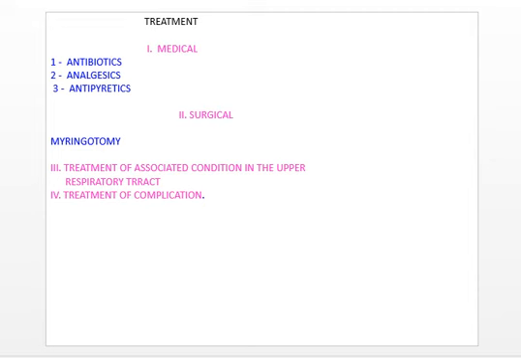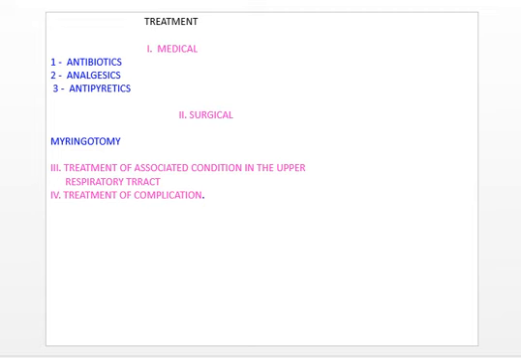In that situation, the surgery can help, and we can do MYRINGOTOME, that is giving a nick in the tympanic membrane so that the pus can evacuate out quickly and the healing starts. So the only role of surgery at this stage is MYRINGOTOME, to evacuate the pus and to facilitate the process of healing.